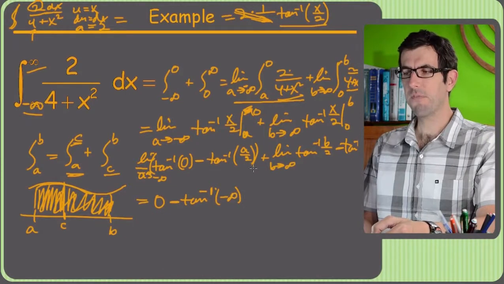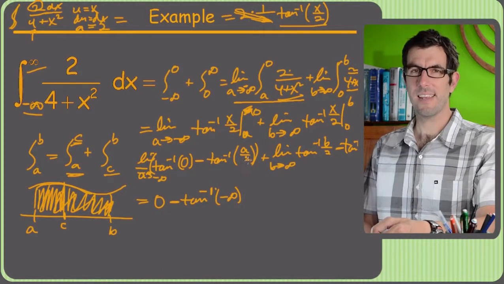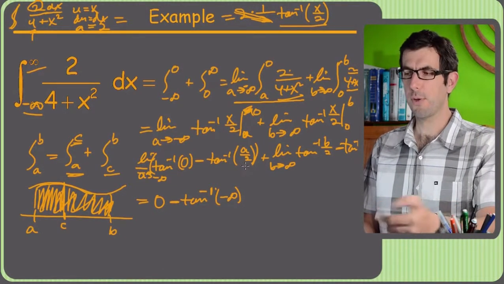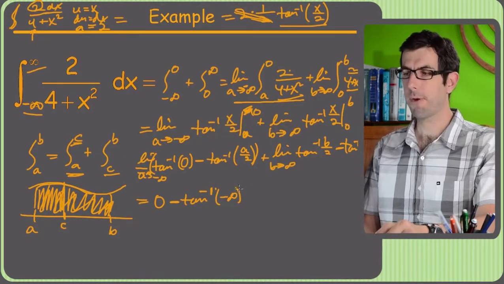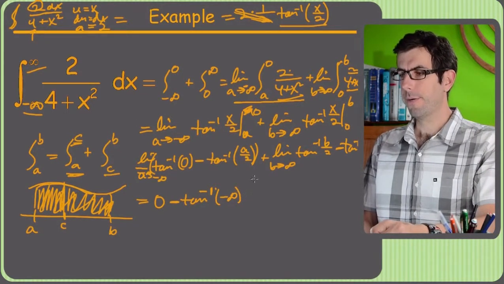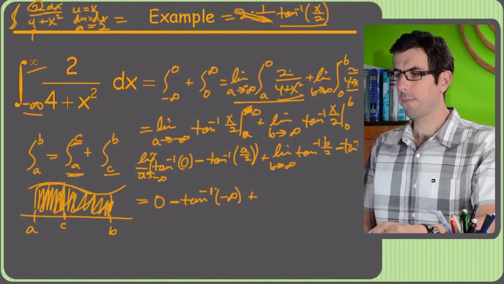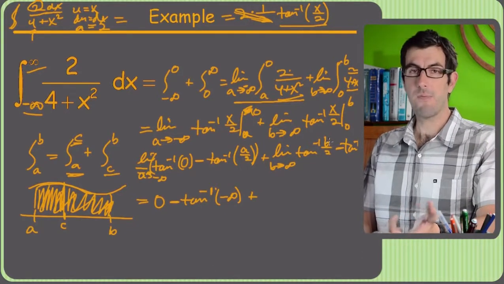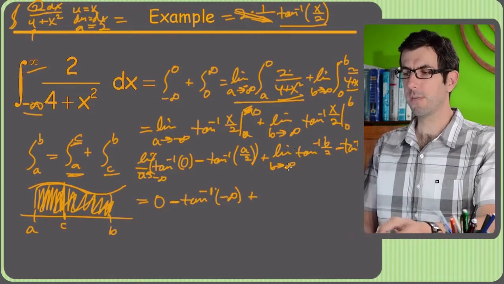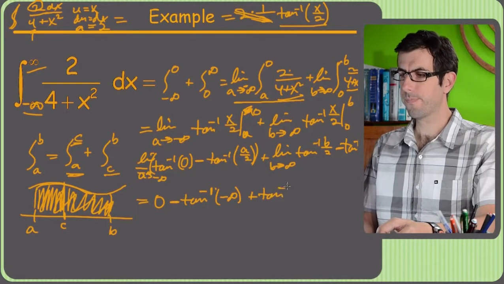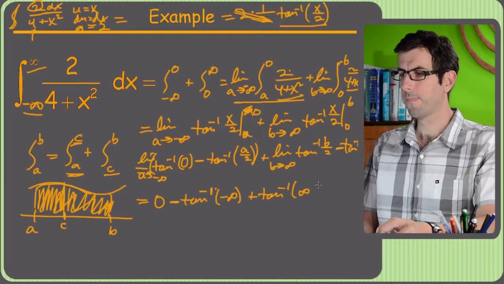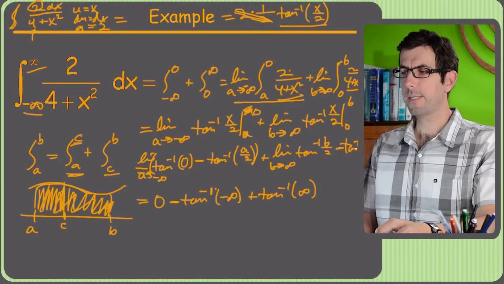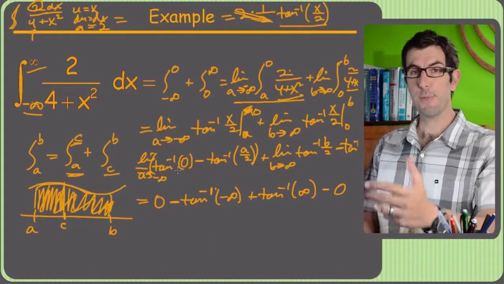Now it's technically negative infinity over 2, but then again, negative infinity and negative infinity over 2 are both the same thing. They're a giant negative number. All right, so then I've got the limit as b approaches infinity of inverse tangent of b over 2. And again, infinity over 2, pretty much just infinity. Minus tan of 0, which is 0. All right, so you with me so far?